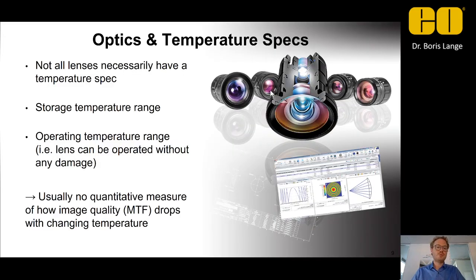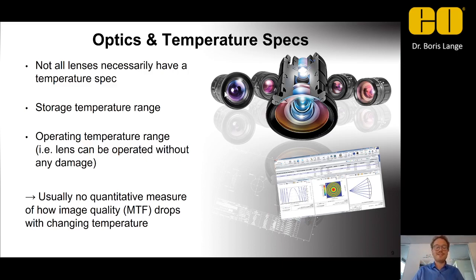So let's switch gears and have a very top level look at this, and let's just take a minute to realize that not all lenses that are out there on the market actually have a temperature spec to begin with. Some might have only a storage temperature range, and I guess the fewest lenses have an operating temperature range.